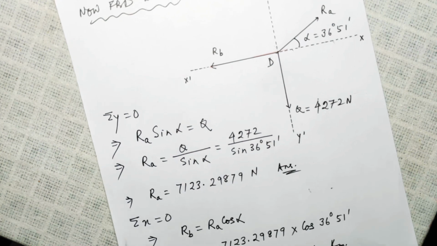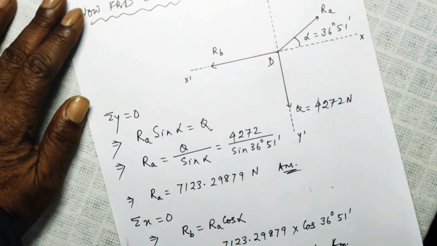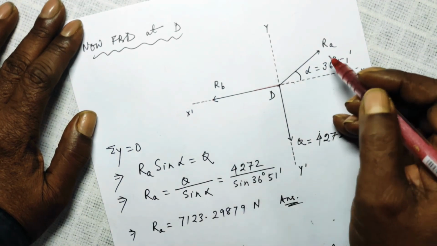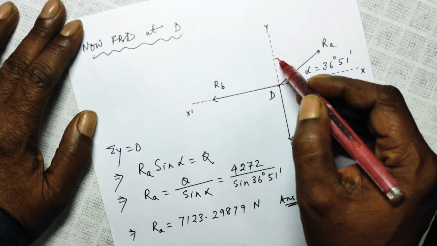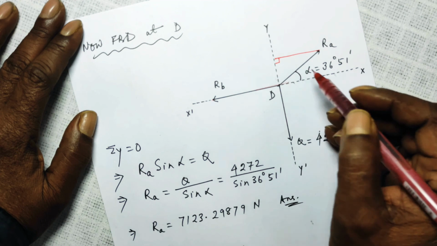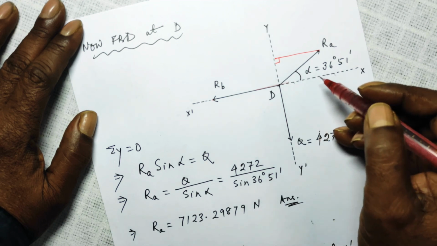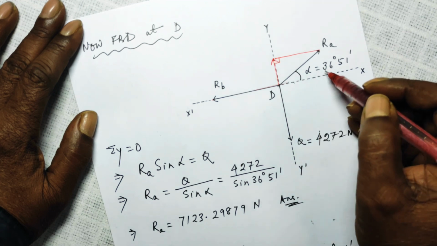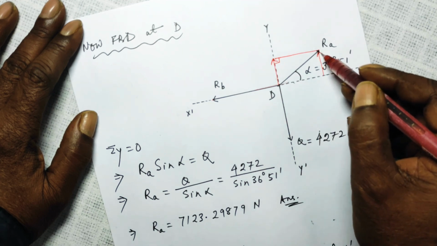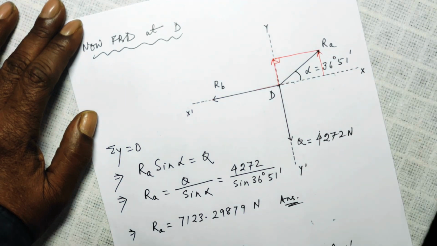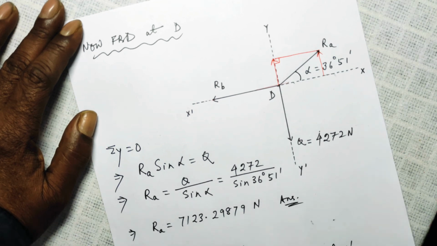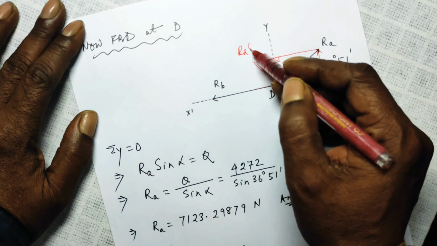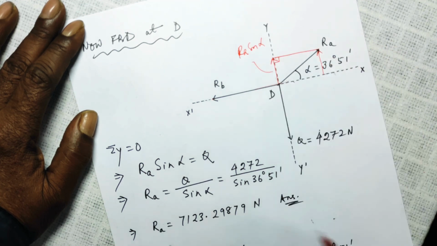So let us apply sigma y equal to 0. As I have told you time and again in previous videos, if you drop a perpendicular here, this angle will be 90, and this is alpha. So this will be RA sine alpha.